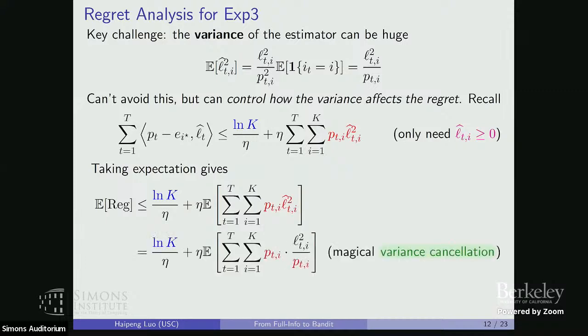Just plugging in this calculation, you see that there's some magical variance cancellation happening here. This p_{t,i} cancels with this p_{t,i}. That's why even if you have large variance, it doesn't matter. In the end, the sum over i becomes K, the sum over t gives you TK. So your stability term becomes eta times TK. And of course, when you pick the optimal eta, you get root of TK log K.